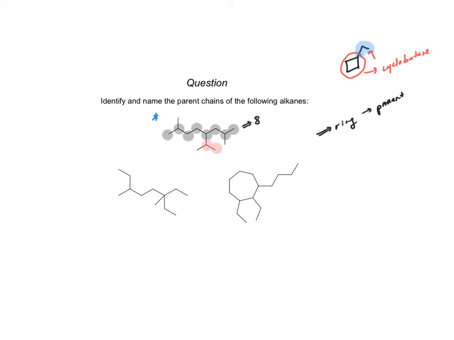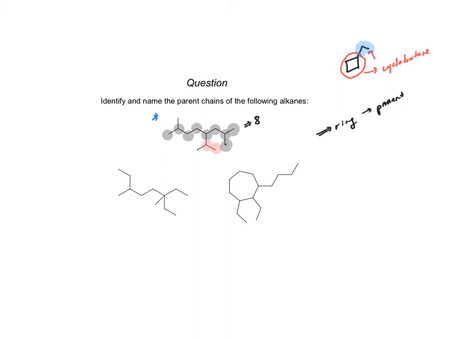Just as a note, instead of going out to this guy, you could have said 7 and gone down to this guy and gotten 8 as well. They are essentially the same exact compound, right? So it doesn't matter which one you pick, you're only going to get 8. Once we start naming and talking about substituents, it will be clearer how either or doesn't matter. It's the same compound regardless.